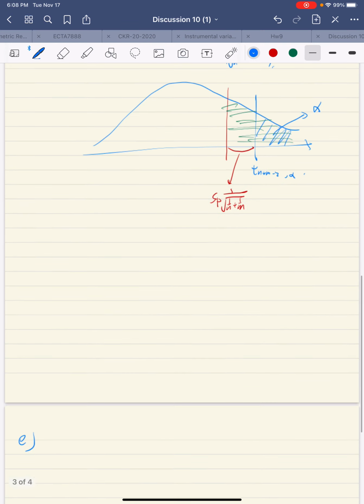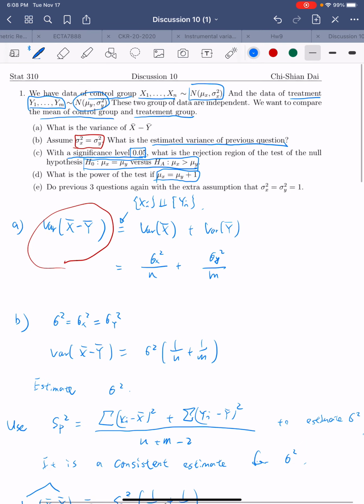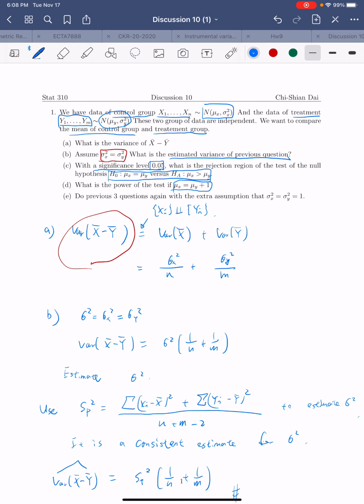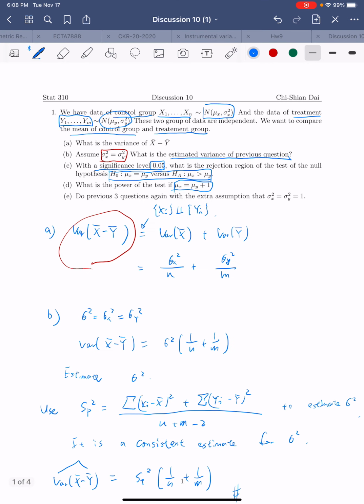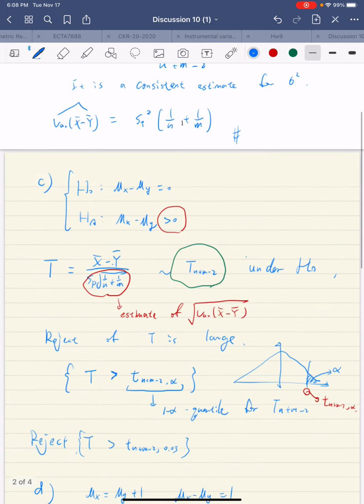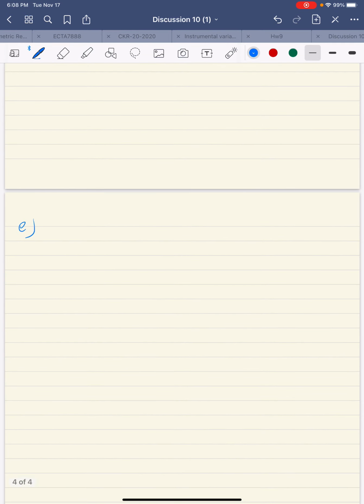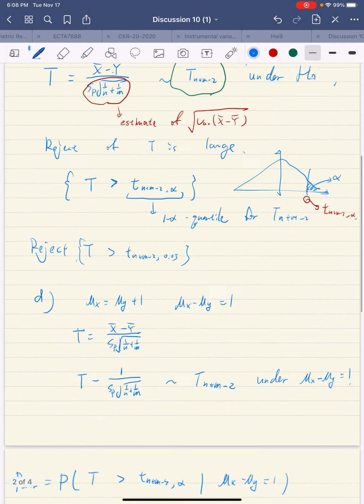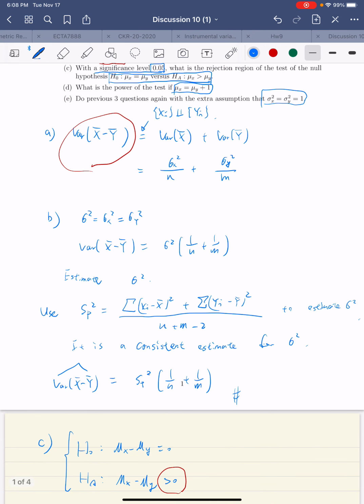Question E. The question is we want to do the previous 3 questions again with the extra assumption that the variances are all equal to 1. So that means in this case the variance is known.